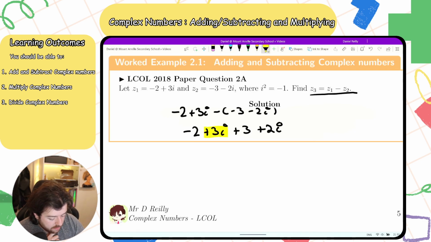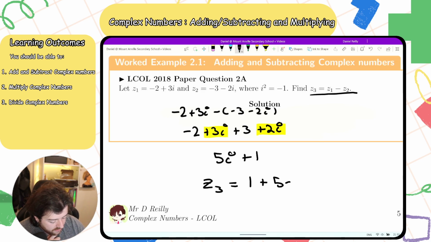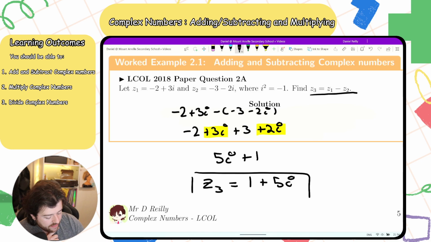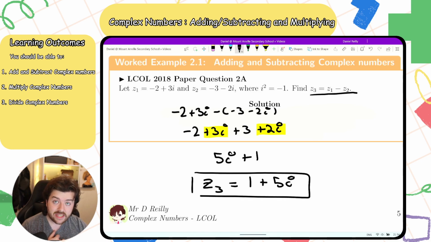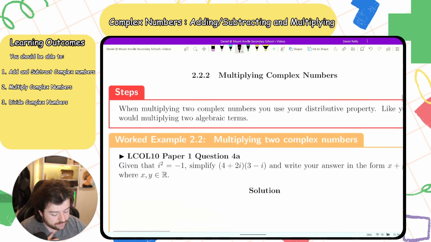Gather like terms. 3i plus 2i is going to be 5i. And then minus 2 plus 3 is 1. And then just to rewrite that in the form a plus bi, z3 is going to be equal to 1 plus 5i. And that's our answer there. So it's very much the same as algebra.